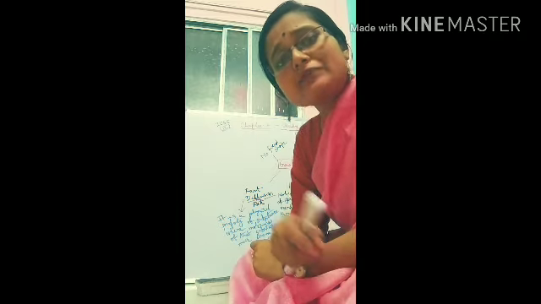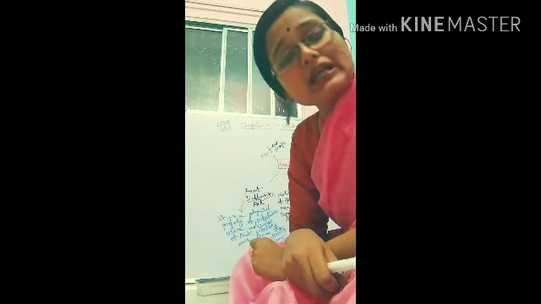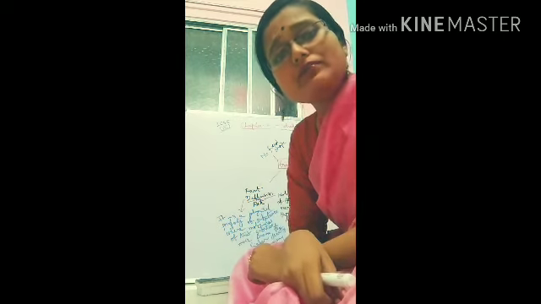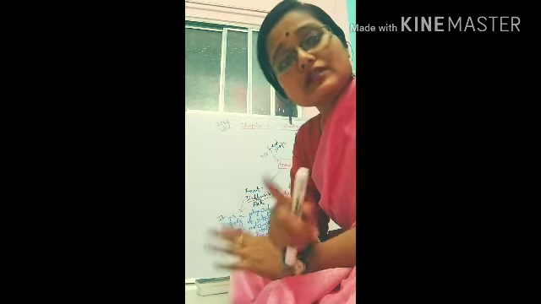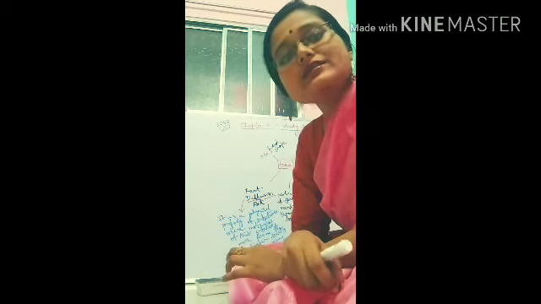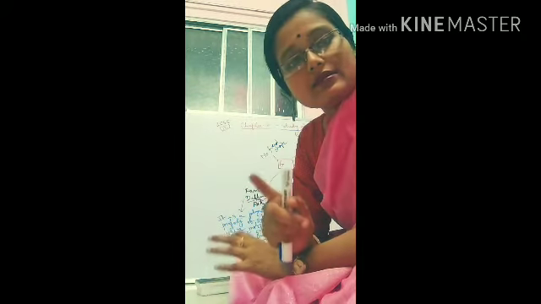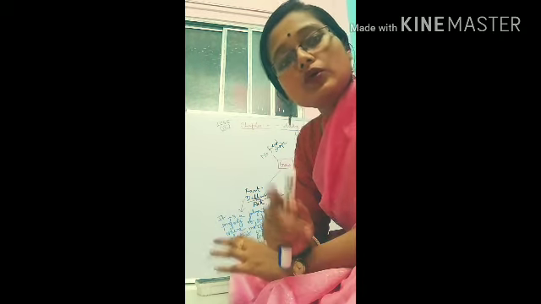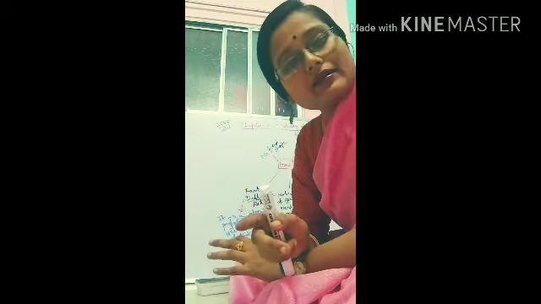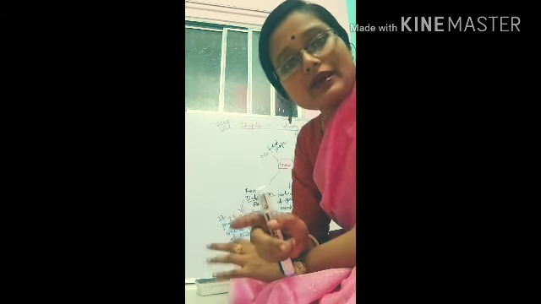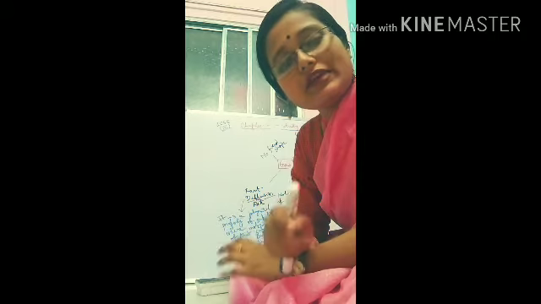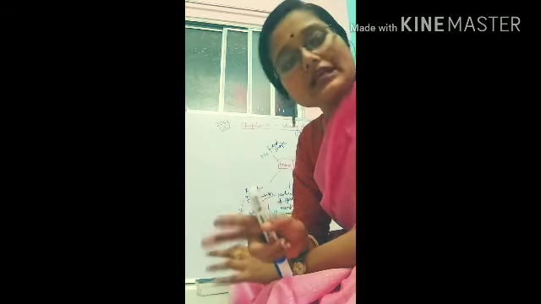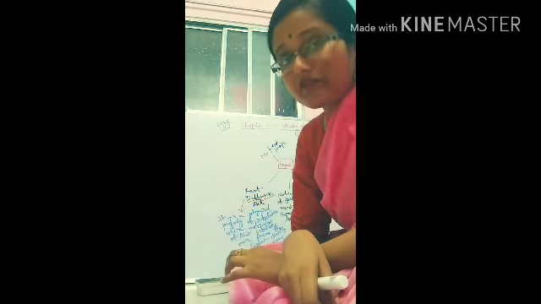seconds we can see the smoke of that burning agarbatti spreading throughout the room or throughout our surroundings or nearby places. And the sweet smell we can feel. Those persons who are there surrounding that agarbatti just feel the smell after some time. So it is a physical property of substances called diffusion.